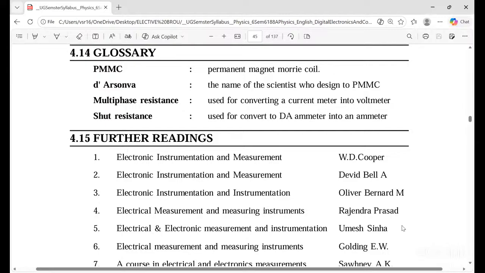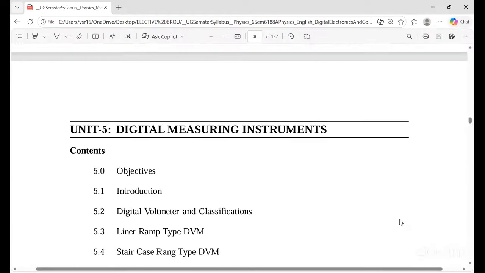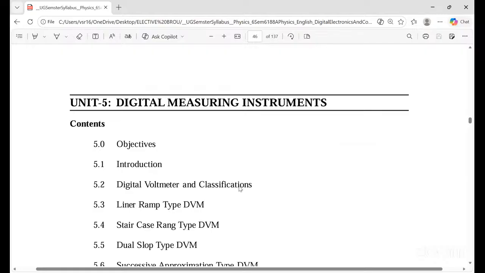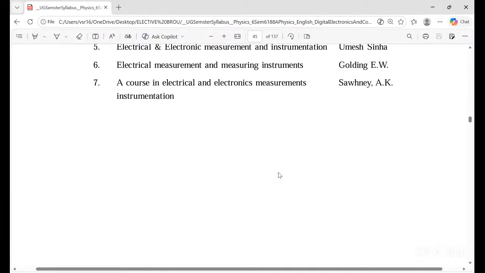D'Arsonval is the name of the scientist who designed the PMMC. So by tomorrow we will discuss. This is the analog one.